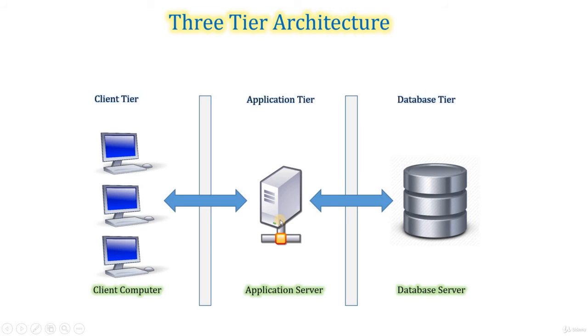Next one is the middle tier. The middle tier in the data warehouse is an OLAP server which is implemented using either the ROLAP or MOLAP model. ROLAP is Relational Online Analytical Processing, and MOLAP is another type of OLAP system.